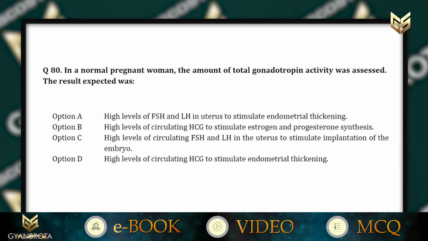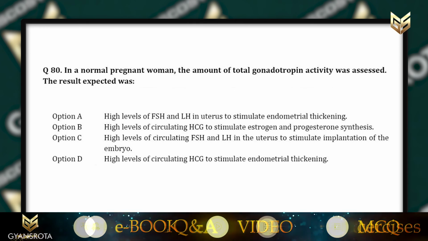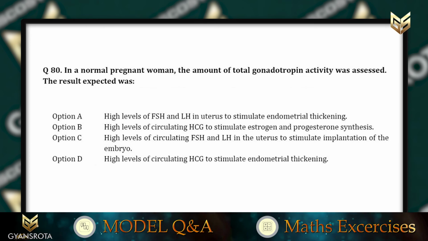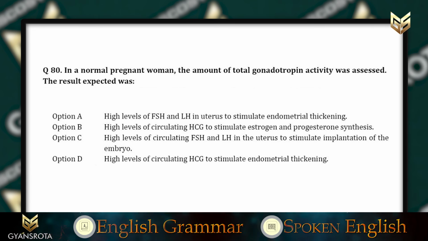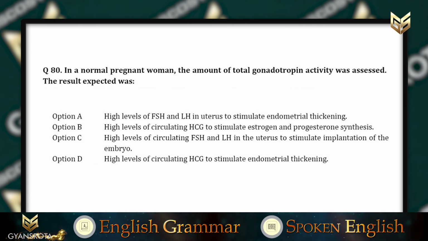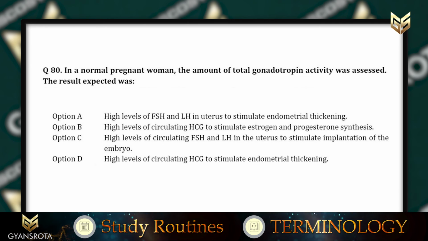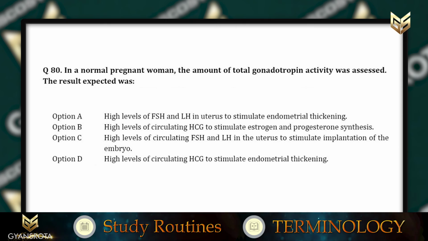Option B, high levels of circulating HCG to stimulate estrogen and progesterone synthesis. Option C, high levels of circulating FSH and LH in the uterus to stimulate implantation of the embryo. Option D, high levels of circulating HCG to stimulate endometrial thickening.